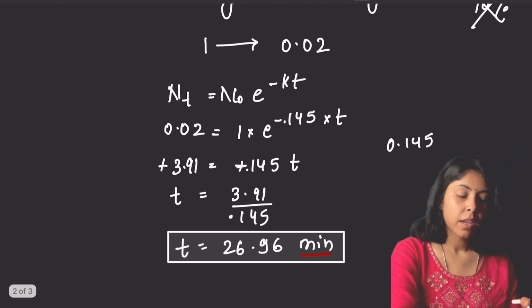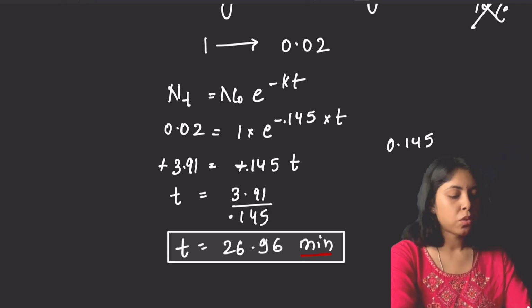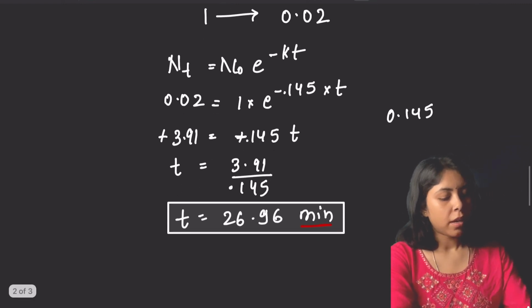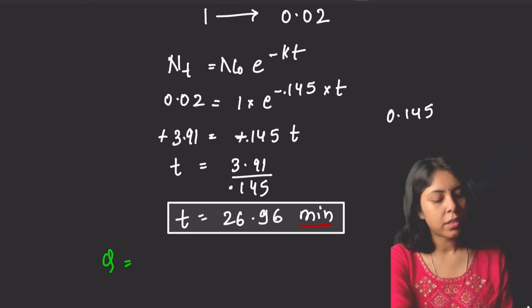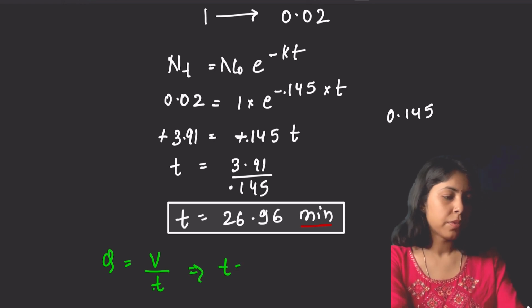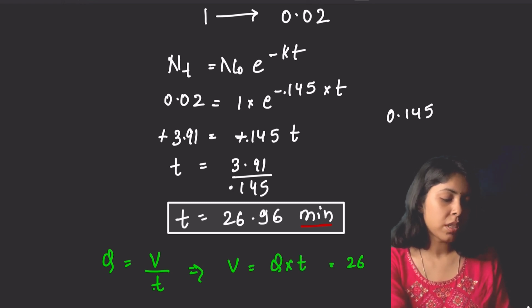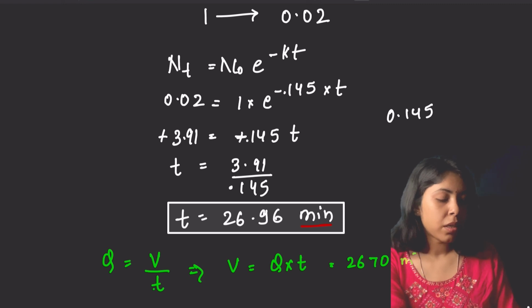And now if I want to calculate how much volume it took, the discharge is nothing but volume divided by time. So from here, volume will be equal to discharge into time, and discharge is 2670 meter cube per day, right?